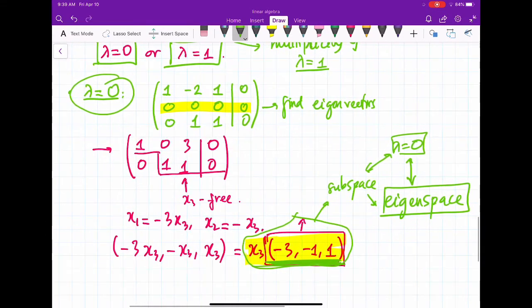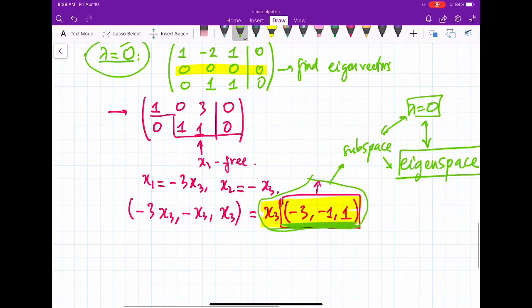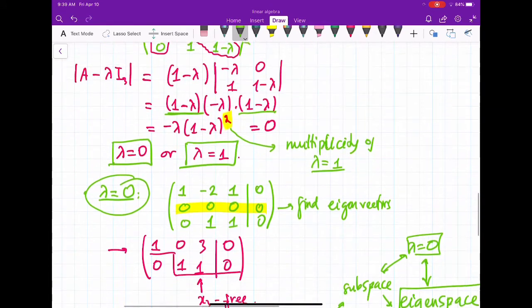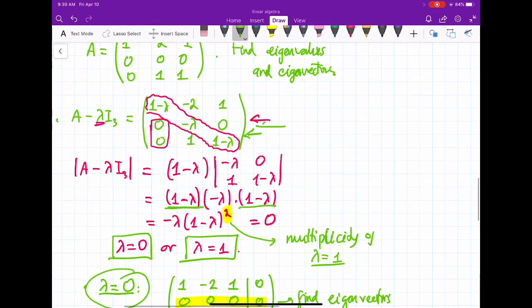Okay? All right, so let's move to lambda equal to 1. Again, we plug 1 into the following form, right?